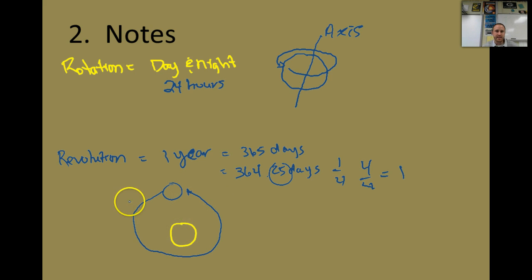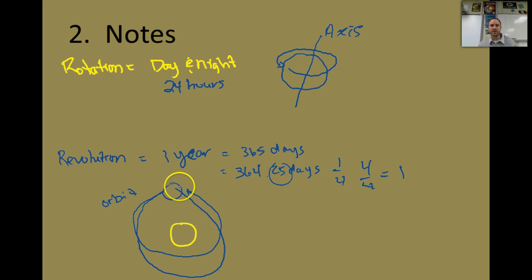This path that it's on, which is drawn absolutely horrible, is called an orbit. And it's not like a perfect circle. It's actually called an elongated circle, which means that it's going to have a little bit of a belly to it. It's going to go out farther, so it's not a perfect circle. And it's what allows the Earth to orbit or revolve around the sun, which causes us to have our full year.